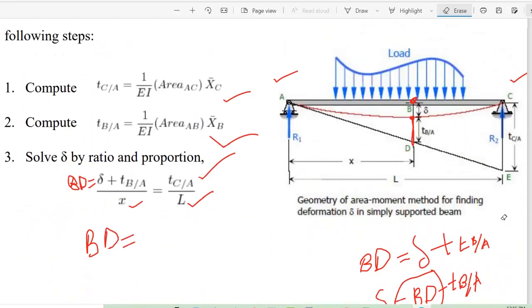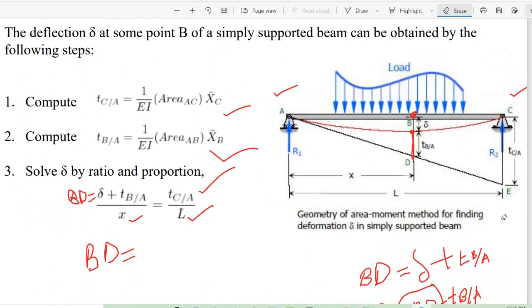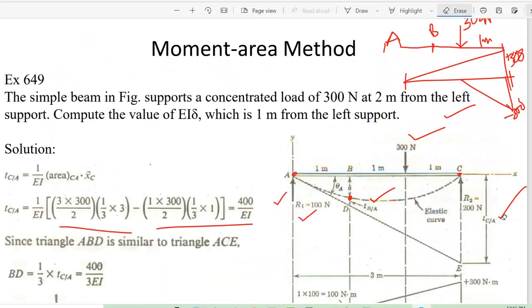So similarly, use the triangular formulation. You know that you can write BD by 1, which is X, and TC by L. Similar triangle formula.